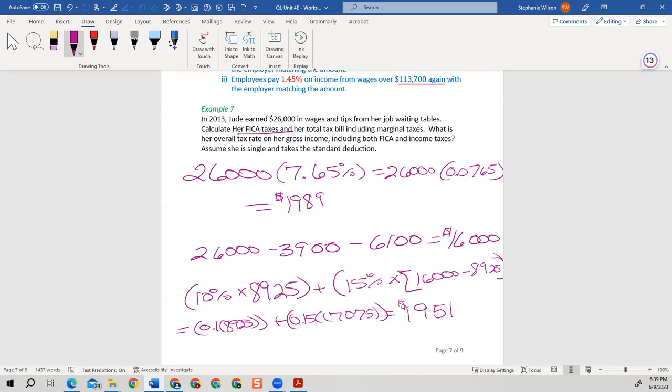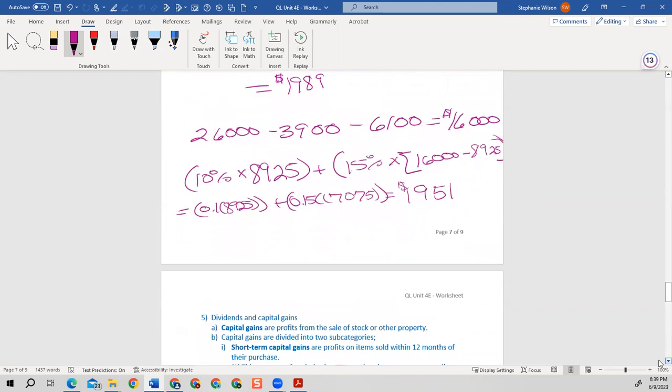So our total income tax here, I'm going to write TI for that. We got the FICA plus the income tax. We already calculated the FICA of 1989.